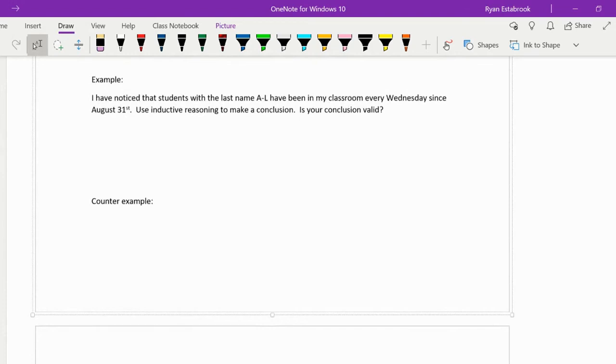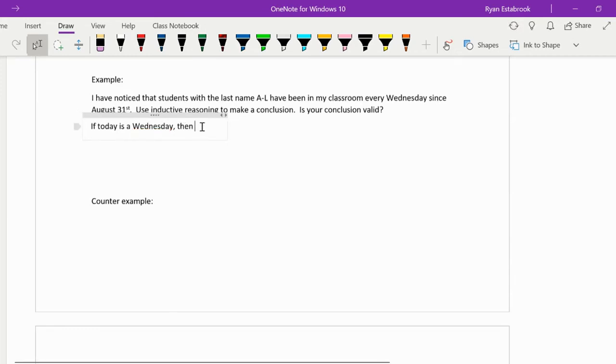I have noticed that students with the last name A through L have been in my classroom every Wednesday since August 31st. So it says use inductive reasoning to make a conclusion. So I'm going to say, if today is a Wednesday, then, for typing skills, students with the last name A through L must be in my classroom.